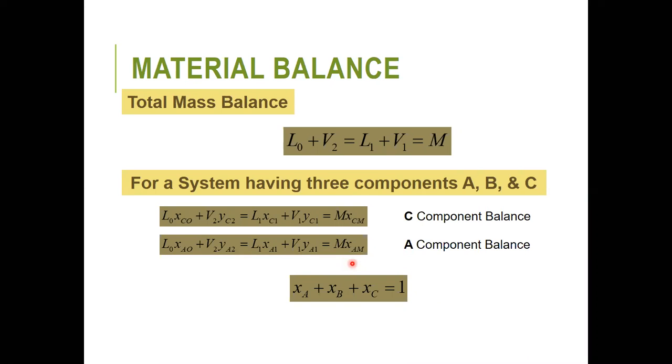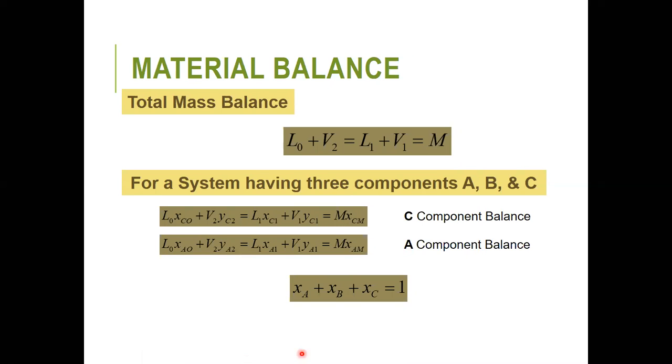So notice that the composition, the mole fractions of the liquid phase and the bulk phase are represented all by X, whereas that for the vapor is represented by Y. So we simply copy the overall material balance and multiply the streams by the corresponding mole fractions of the particular stream.